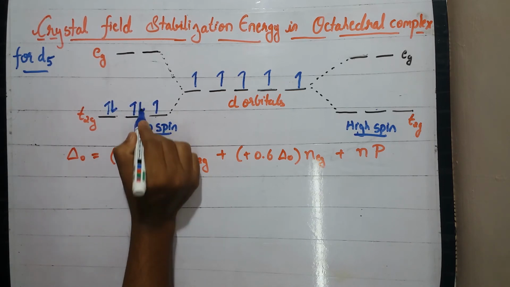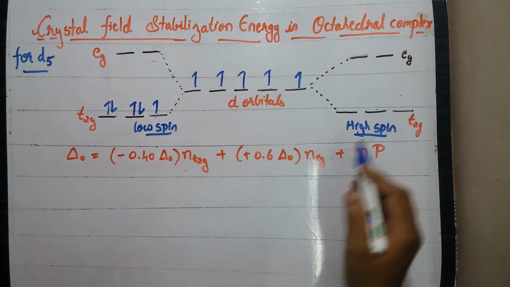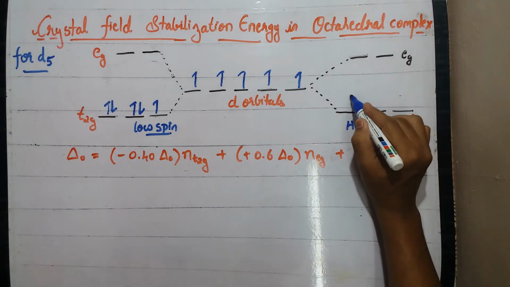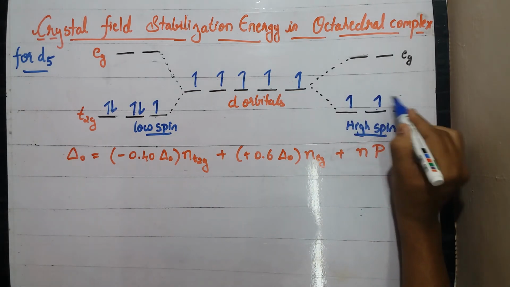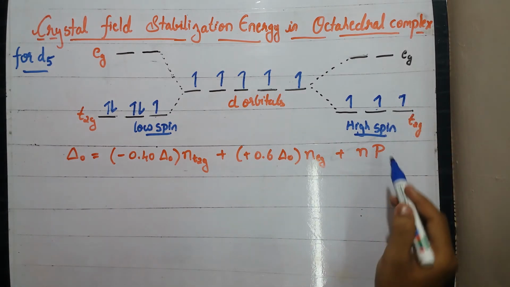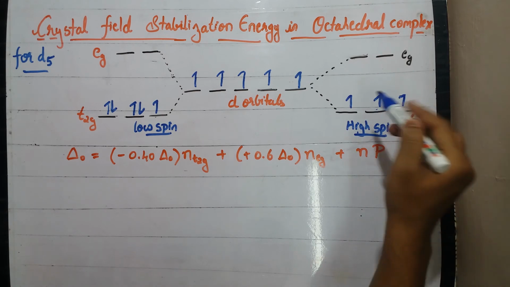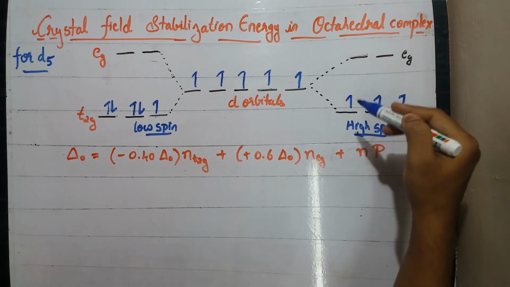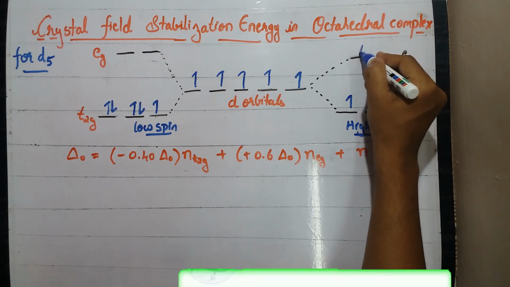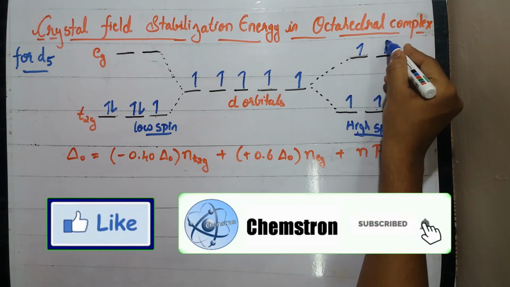So there are 2 paired electrons in the low spin. For the high spin, after filling single electrons in the T2g level, as the delta naught is least and the pairing energy is highest, the 2 electrons are easily added to the Eg level.